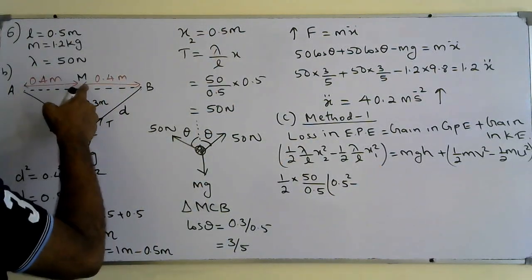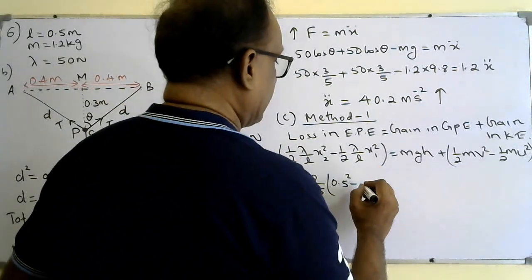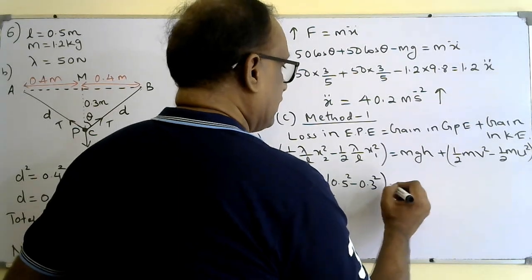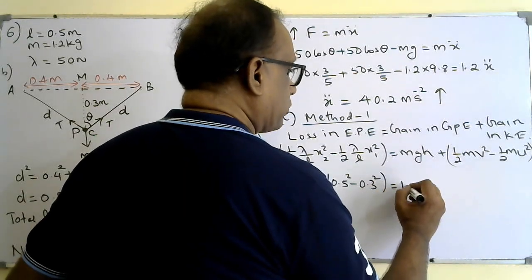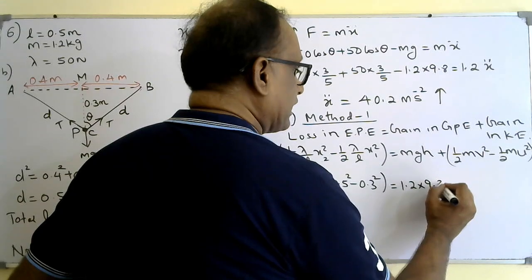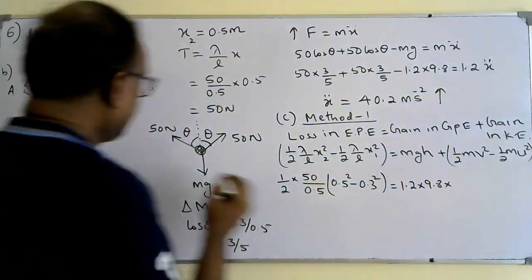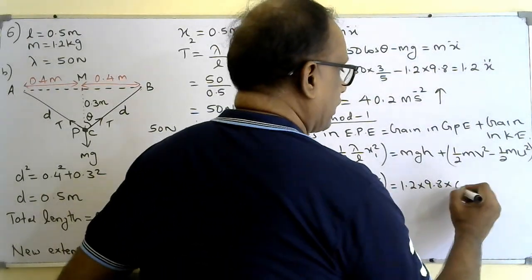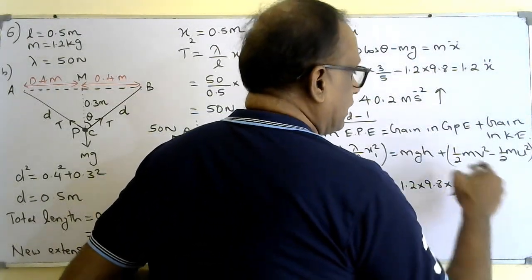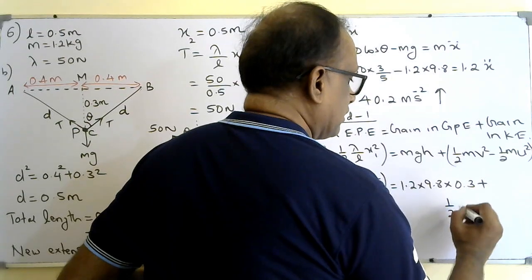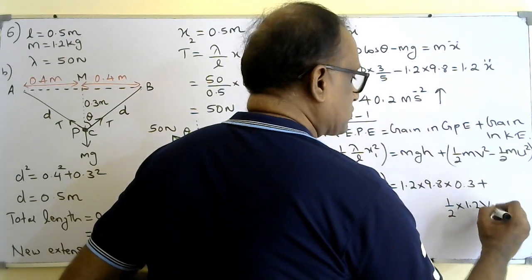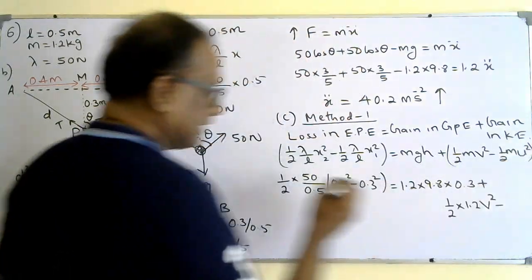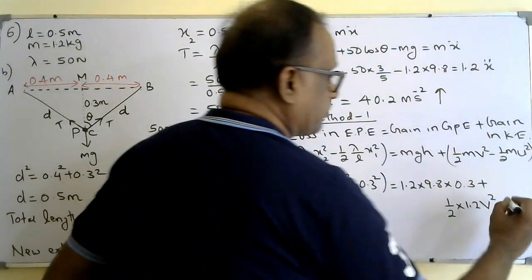Initially it was 0.3, first part we got that, 0.3 squared, equal to mass 1.2 into 9.8 into h. The height it's going to move is 0.3 from here to here, into 0.3, plus half mass 1.2 v squared minus initial kinetic energy, it was released from rest, so minus 0.